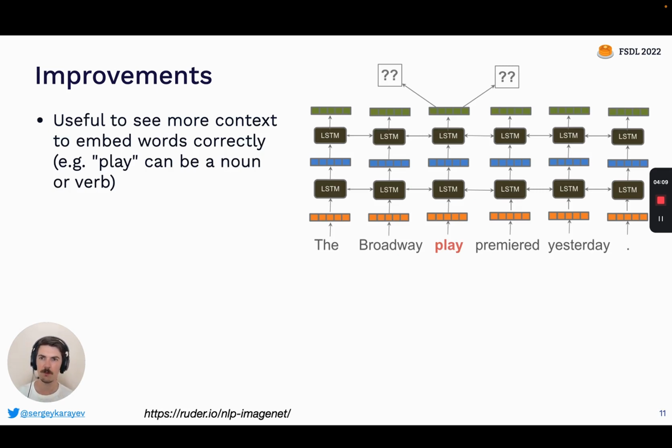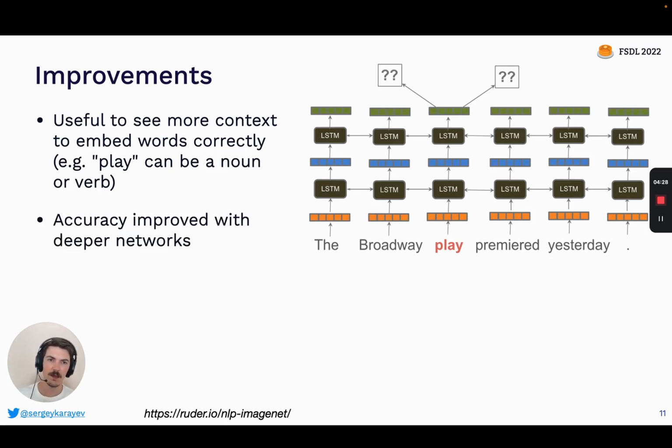But it's useful to see more context because words can play different roles depending on their context. See, I just used the word play as a verb, but it could be a noun, as in the Broadway play premiered yesterday. And you can only disentangle what role the word is actually playing by looking at more context. And if you do this, you'll improve accuracy on all downstream tasks.